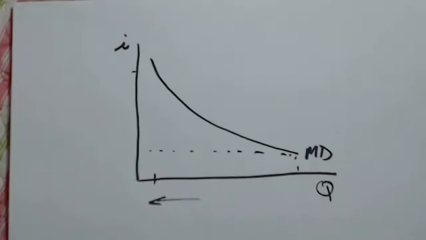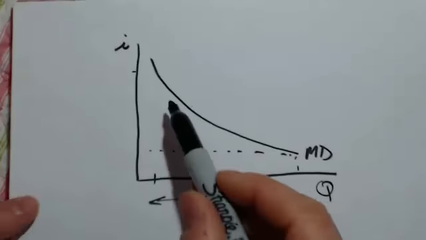There's very little opportunity cost to holding money in your pocket or in a checking deposit. Now, I'm assuming, and it's a pretty valid assumption, that checking deposits pay no interest. Some of them do, but the interest rate on those deposits is so small, it's basically negligible. So we ignore it.